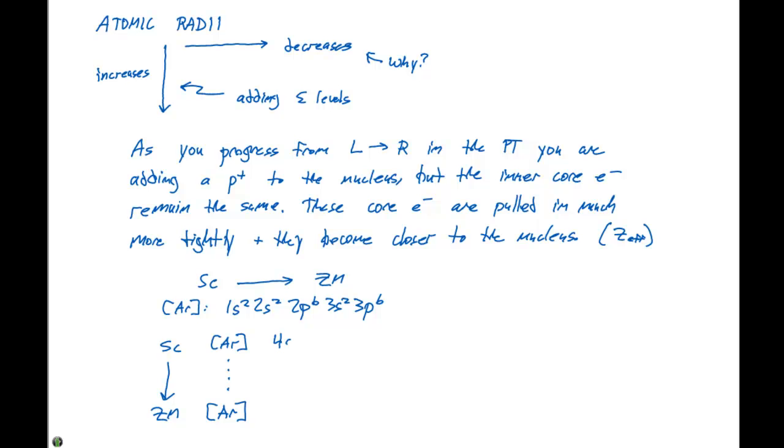With scandium, the electron configuration is 4s2, 3d1, and there are 21 protons in the nucleus. As we progress and go over to zinc, the electron configuration is argon 4s2, 3d10, but there are 30 protons in the nucleus.